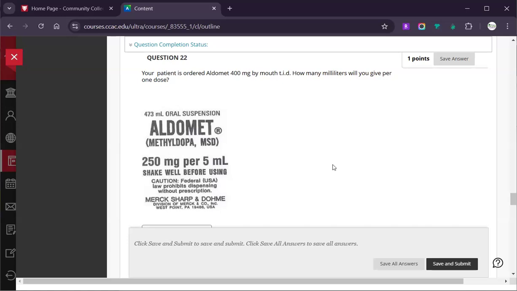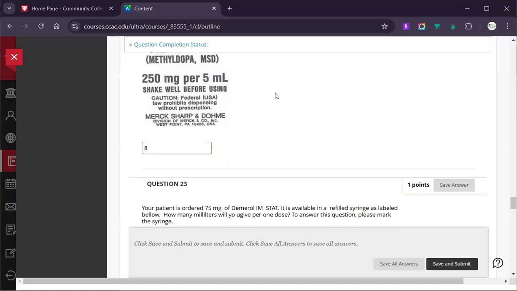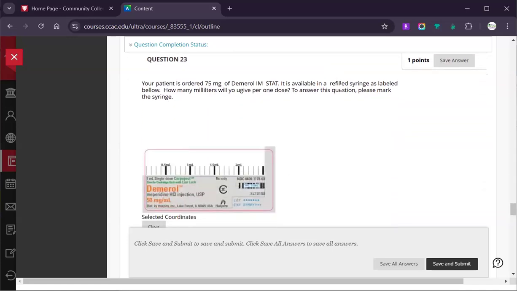So I'm just going to take 400 divided by 250 times 5, and I'm going to get 8 milliliters. Oops, remember, we don't want to write that. See, even I make that mistake because I'm tempted to write the unit, but they tell you specifically don't.